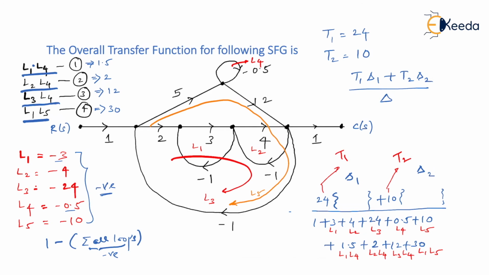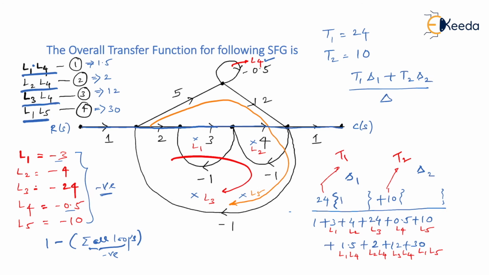Only thing, you have to remove those loops which are touched by T1, where T1 stands for the first forward path. Let me again tell you where the first forward path is. So the first forward path is this one. As you can see, we cannot go for L1, we cannot go for L2, rather we cannot go for L3 also, we cannot even go for L5 also. So only one loop is left, which is L4, which remains untouched.